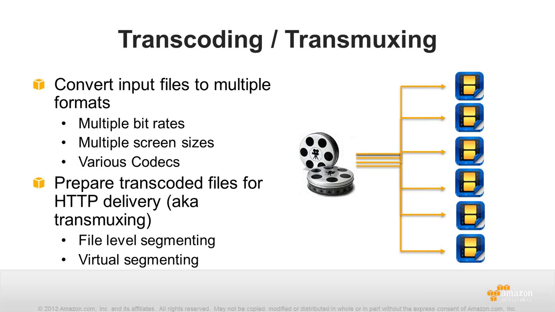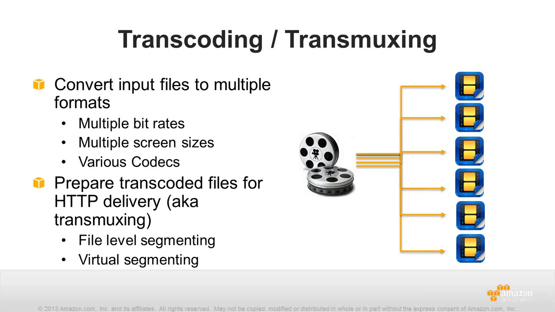So there's a couple of ways you can do the segmentation. You can do file level segmentation or virtual segmentation. With the file level segmentation, you're creating those chunks from the larger file in advance and then saving those chunks into your storage device. So this is especially helpful for popular content because once you've created those segments and stored them, you're now delivering that exact same content over and over.